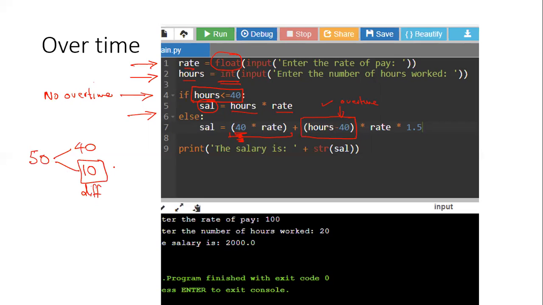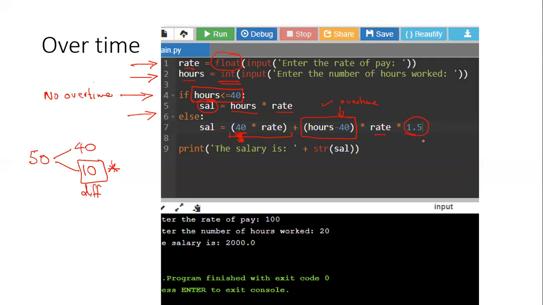And that is the 10 hours if you had entered 50. So it's that number of hours times the rate that we've input in line 1 times the 1.5. So that is the extra bit that they are getting for those overtime hours.